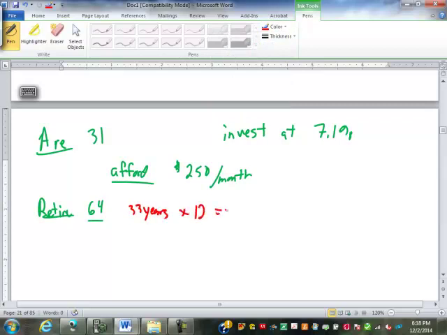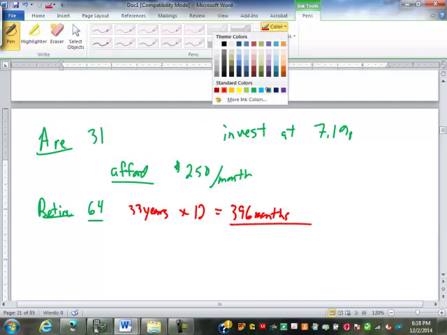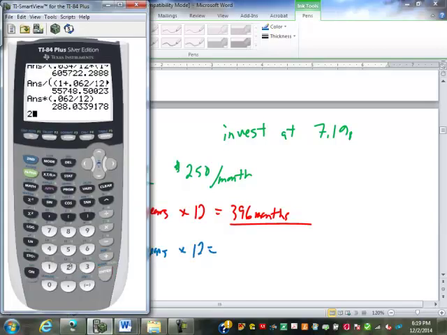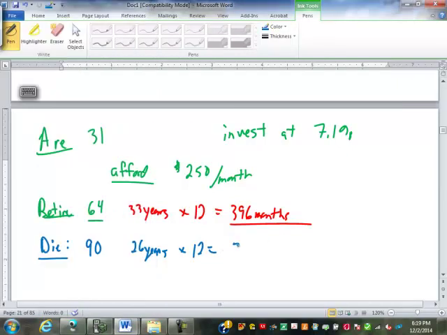Times 12 is going to be 396 months. And again, just because it's the shortest way to write it, you plan to die at 90. So that is 26 years times 12 months, 312 months of life after retirement.